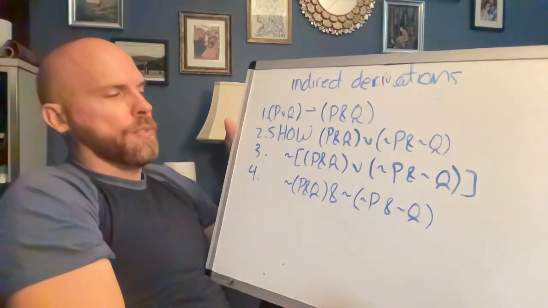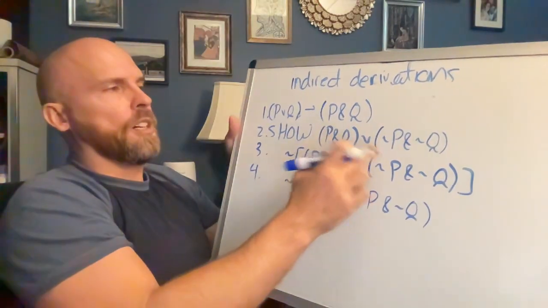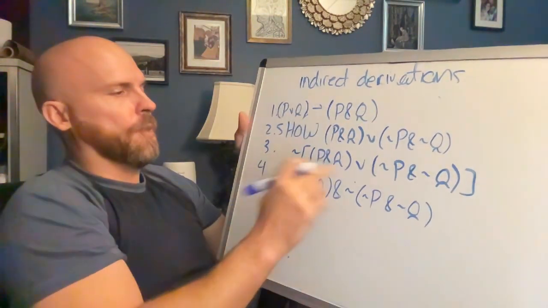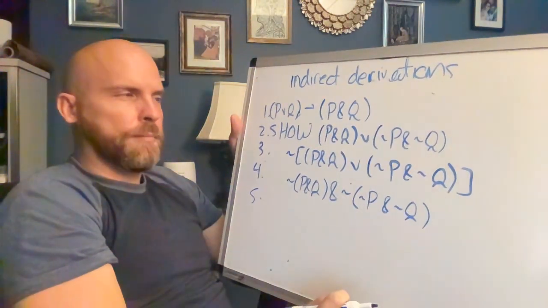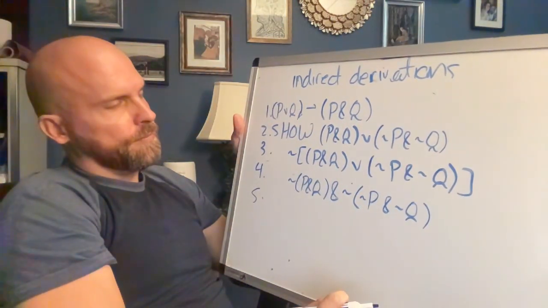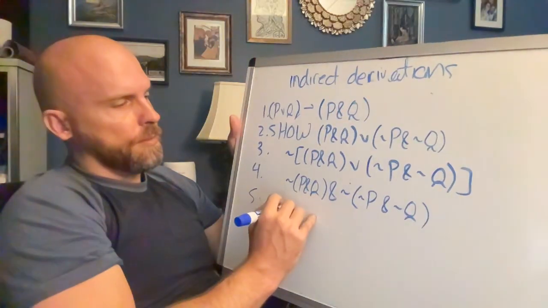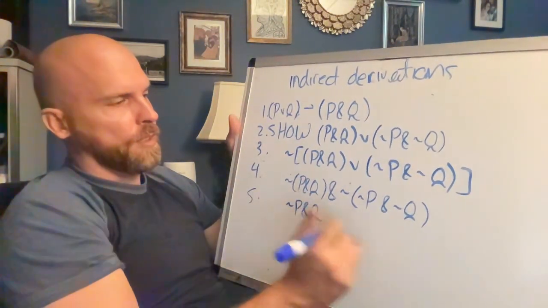Remember, what am I trying to show? I'm trying to show a contradiction arises between this and whatever I can derive here. You see something? Anything jumping out at ya? I know this much. I can derive not P and Q. And I can do this.